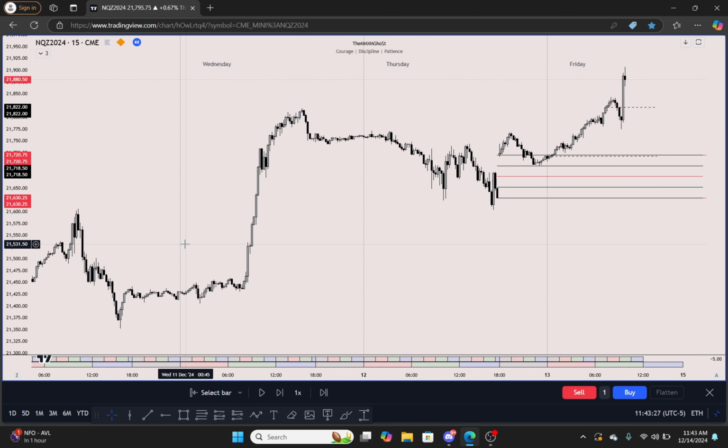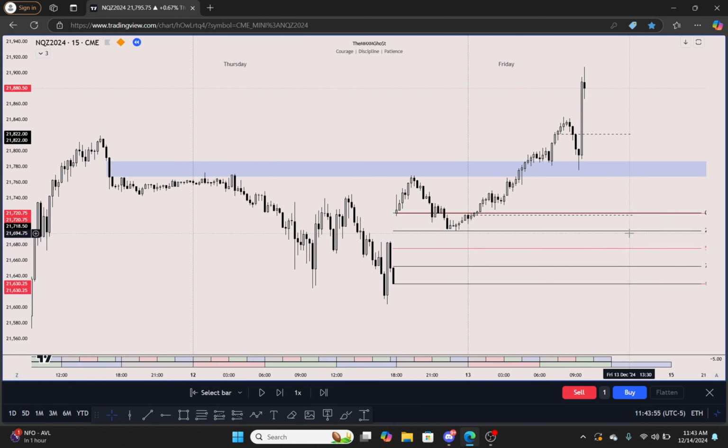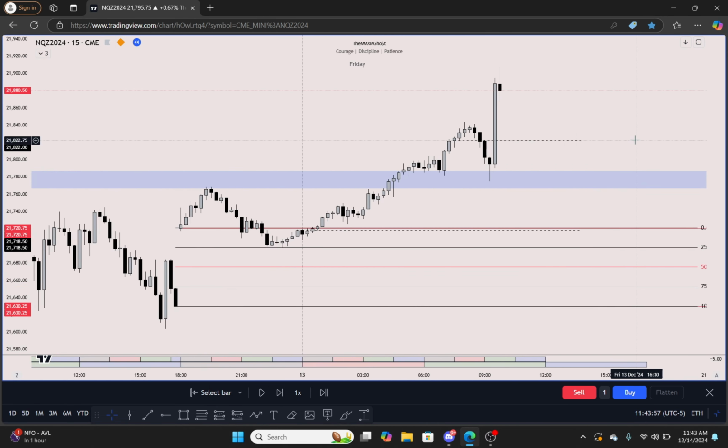If we look back over to Wednesday's extremely bullish move, followed by the open of Friday, we can see that we displaced above this high here, followed by a retracement. Where are we retracing into? This bullish inversion on the 15 minutes here.